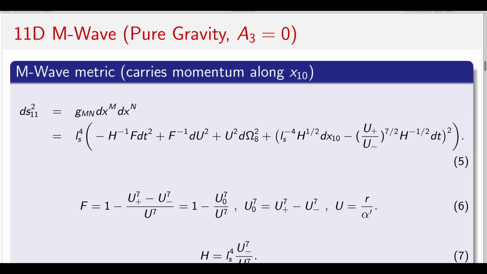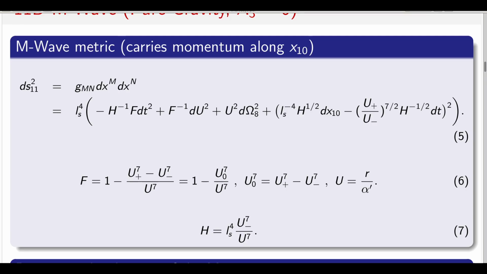The function f is defined as 1 minus u0 to the power 7 over u to the power 7, where u0 encodes the non-extremality of the solution through the parameters u plus and u minus. The harmonic function h scales as l_s to the power 4 times u minus to the power 7 over u to the power 7, with l_s the string length. Together, these functions determine the geometry and the redshift structure of the M-wave spacetime.